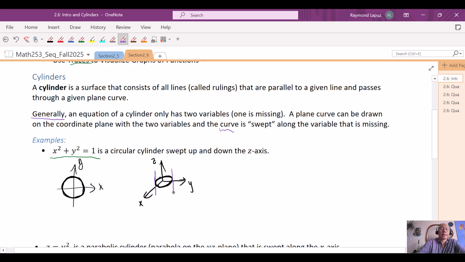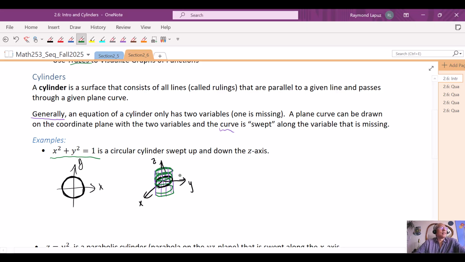That would be lines like that. I don't want to draw too many because it might get too confusing, because it's hard to see what's in front and what's behind. But if we gather all that and look at the traces, they are going to be circles. So along the rulings, we're going to have these circles. Okay, so I think my perspective changed, but that's generally how it's going to look.